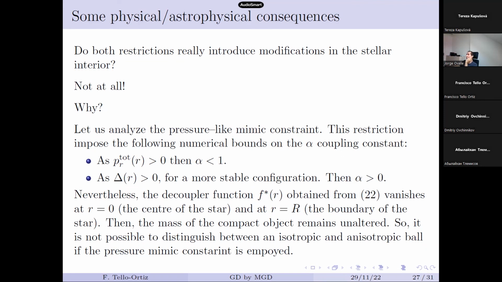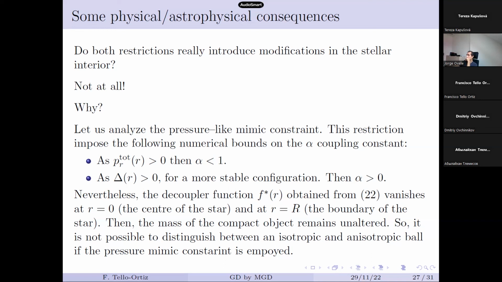For example, we can measure, as you know, the gravitational redshift, and then we can determine, for example, the size of the star or maybe the mass, its composition, etc. But in this case, if you are using this mimic constraint, as the F function is vanishing at the boundary, it means that this function is not contributing to the mass of the star in this case, because you are measuring the total mass. It means the mass function evaluated at the boundary. But if this function is disappearing at the boundary, then it's not contributing.